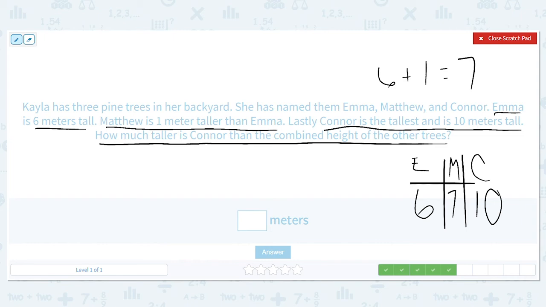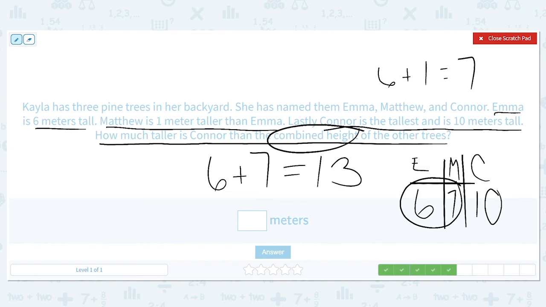Okay, we're not done. The question we have to answer is how much taller is Connor than the combined height of the other trees? When they say combined height, that means we have to put these two together. So we have to do 6 plus 7, which equals 13.